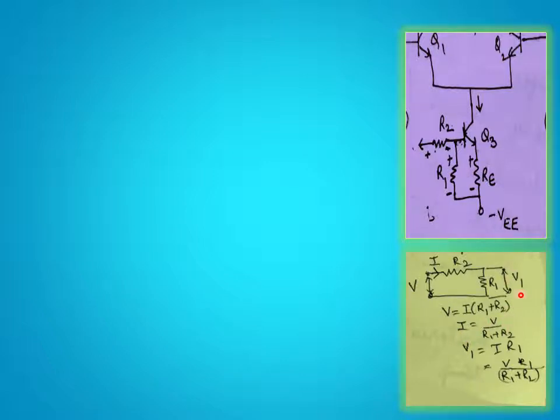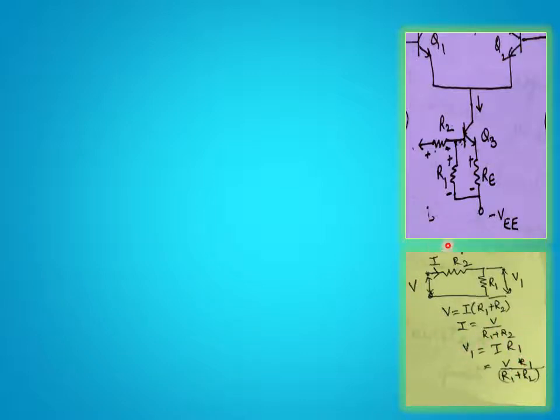Now we have to calculate V1. V1 will be the current flowing through the resistor, that is I into R1. So V1 is simply I R1. Putting the value of I, we get V R1 upon R1 plus R2. So this formula can be directly applied.